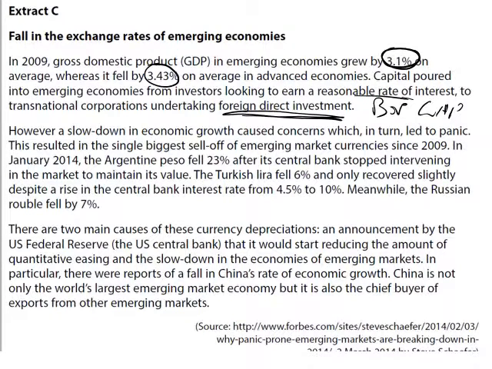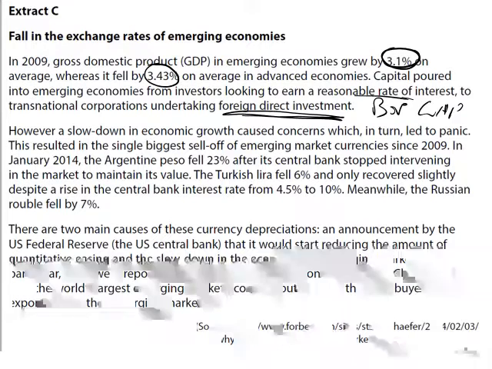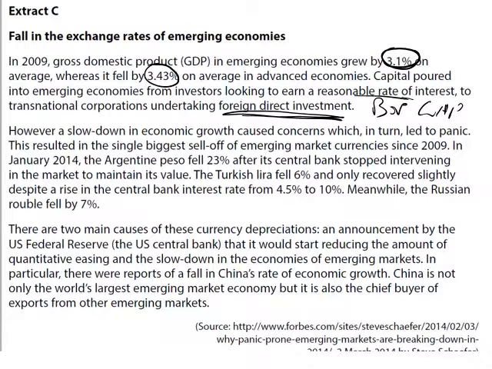However, a slowdown in economic growth caused by concerns, which in turn led to panic, has resulted in the single biggest sell-off of emerging market currencies since 2009. So it's saying there is a significant sell-off, partly caused by investor expectations. In January 2014, the Argentinian peso fell by 23%.